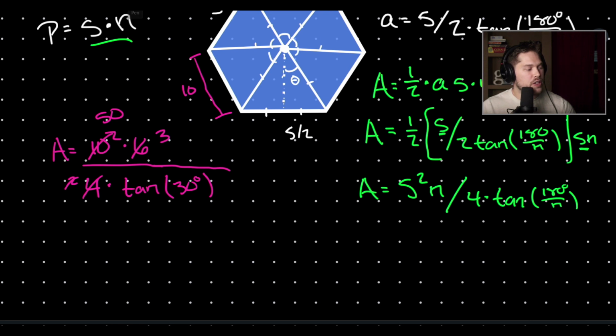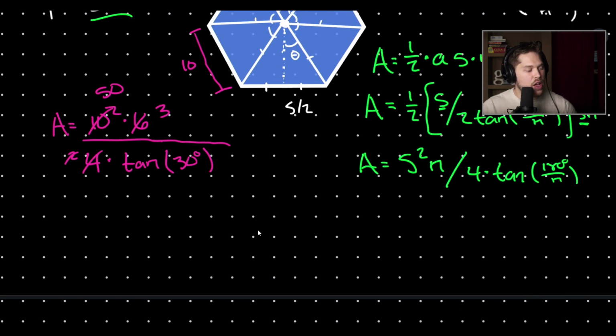You construct a nice 30, 60, 90 right triangle. This is what you have to do if you don't know your trig values off the top of your head. So we have a special right triangle where this is some x, this is an x root 3, and this is a 2x.